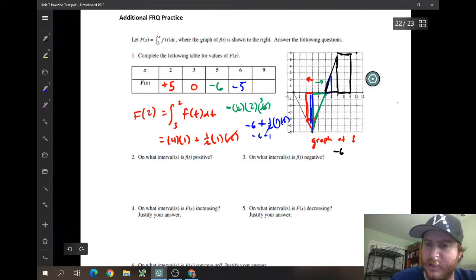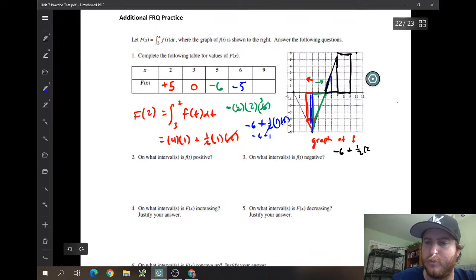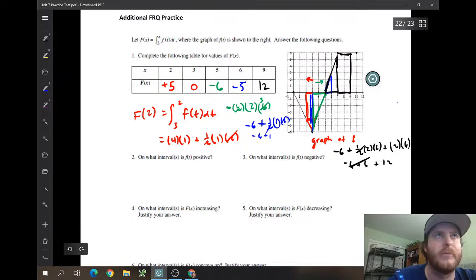So that -6, then plus that bigger triangle, 1/2 times 2 times 6, and then plus this rectangle, which is 2 times 6. It'll be -6 plus 6 plus 12, which ends up giving us 12.